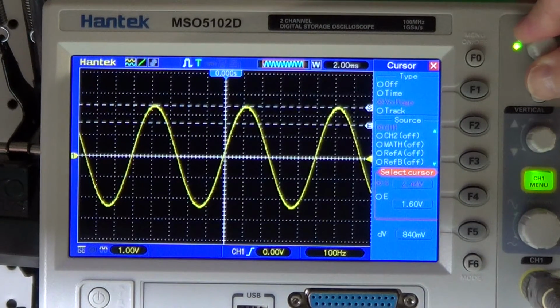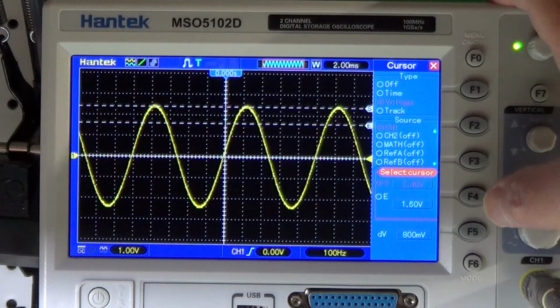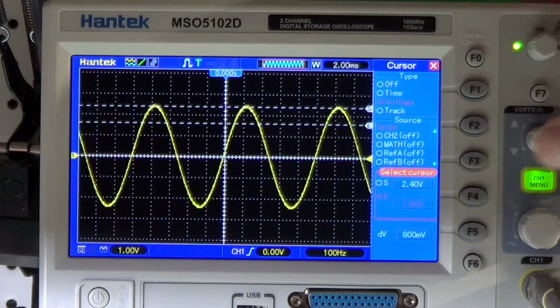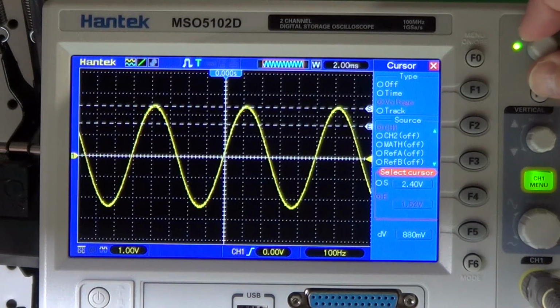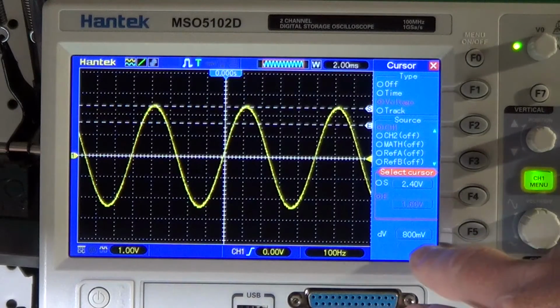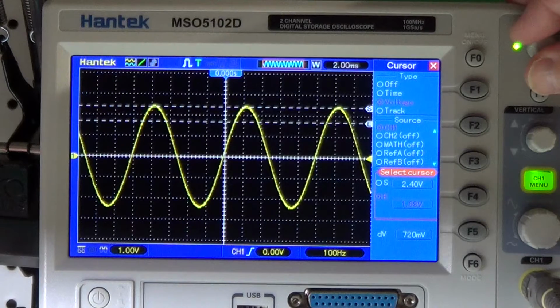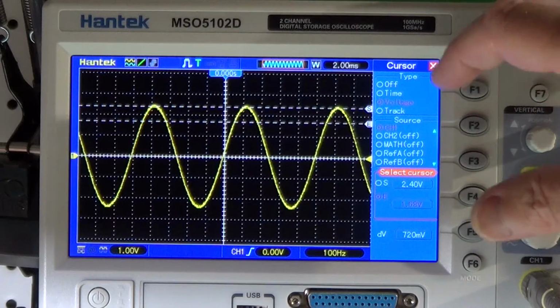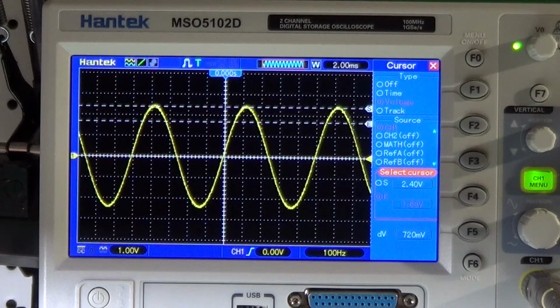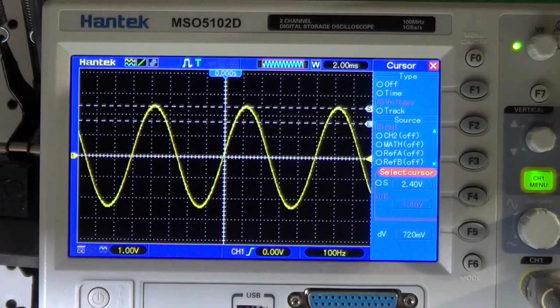So I'm gonna set it just on top of the sine wave, right there, and then I will move to the other cursor and I will set it such that I will have a delta V of about 700 millivolts. Apparently I cannot have that because the oscilloscope gives me either 720 or 680 millivolts. So let me take this one, and let's consider that the frequency has to be just a touch higher than what we are gonna measure.